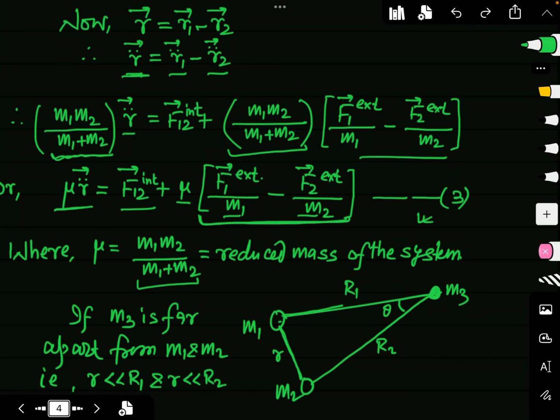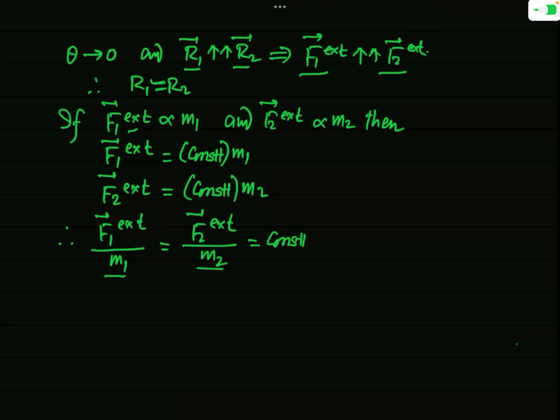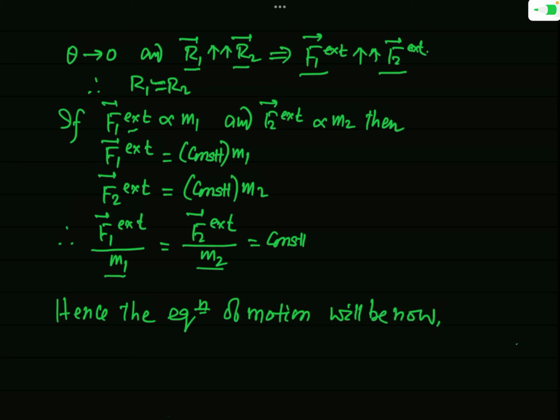Hence the equation of motion will now be: you can see in the LHS there was mu r double dot, and in the RHS there is F12 internal, and the second term vanishes.